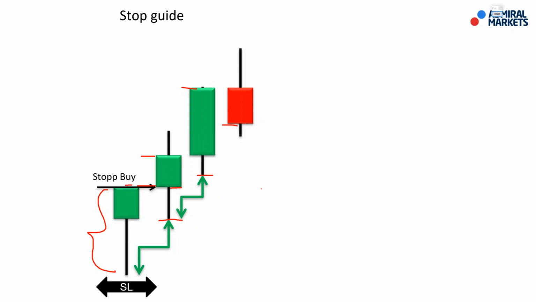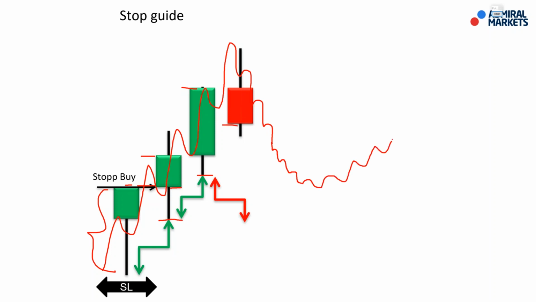Maybe this is only the higher time frame. In a lower time frame, it is a normal trend. You can see maybe you have a little bit of correction here, and now you have the close within the body of the former candle. What you have to do with your stop now is put it back, because the trend inside can do this.